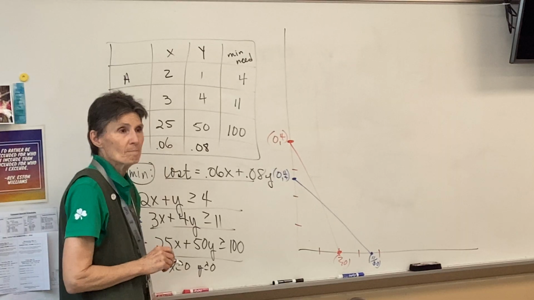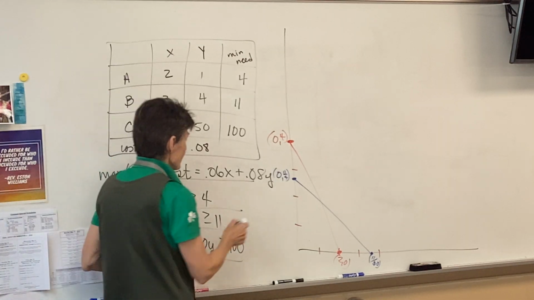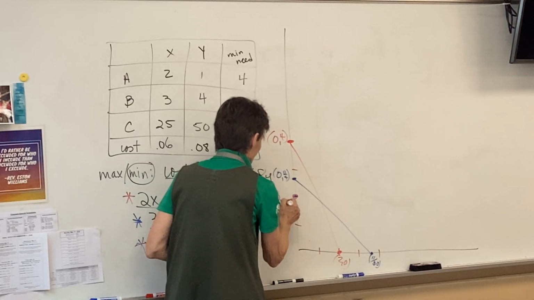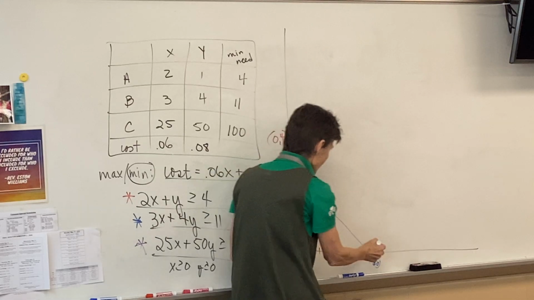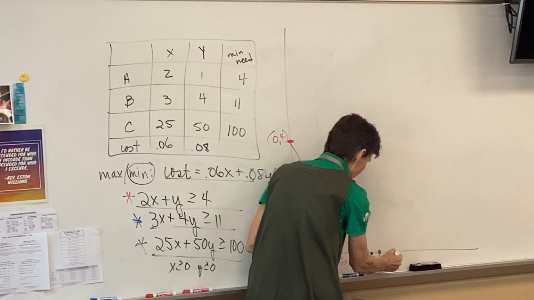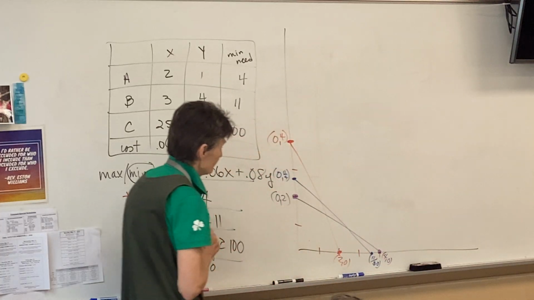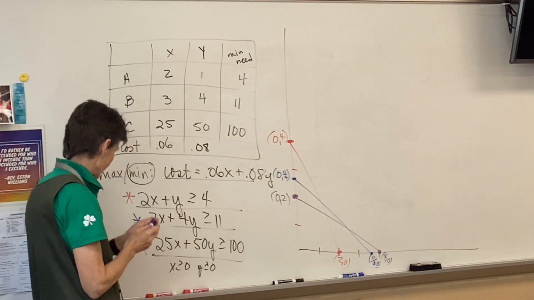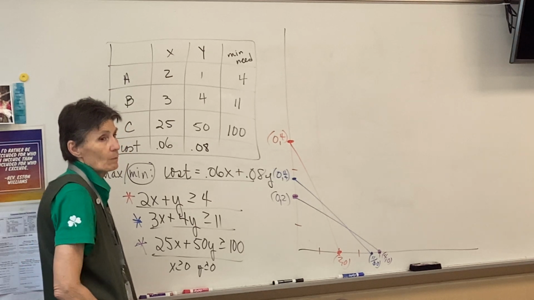Everybody keeping up okay? If x is 0, y is 2. If y is 0, x is 4. And that one's also out.